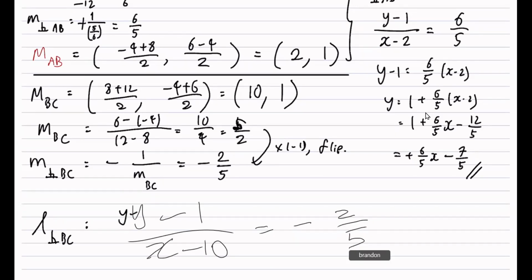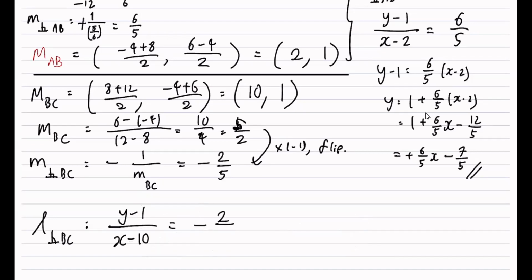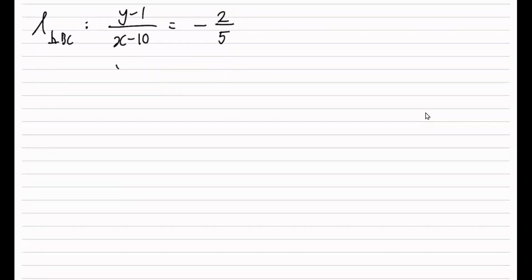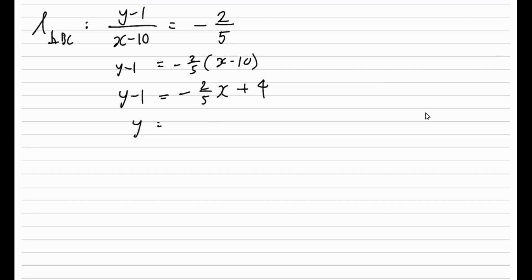To make it neater, multiply in: -2/5 x, then positive 20 over 5, that's 4. Then y minus 1 on the left; make y the subject, so plus 1. Minus 2/5 x plus 1 becomes plus 5.